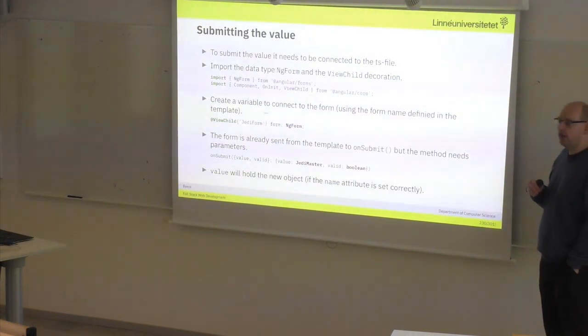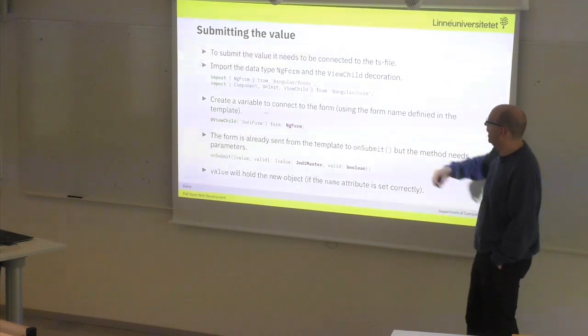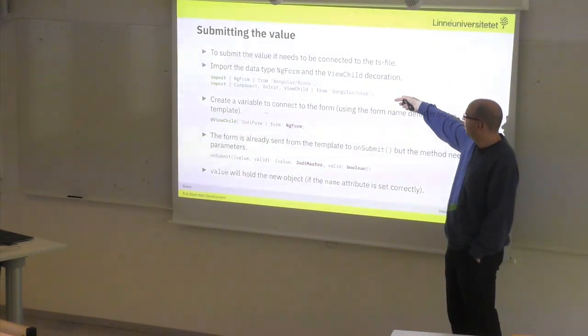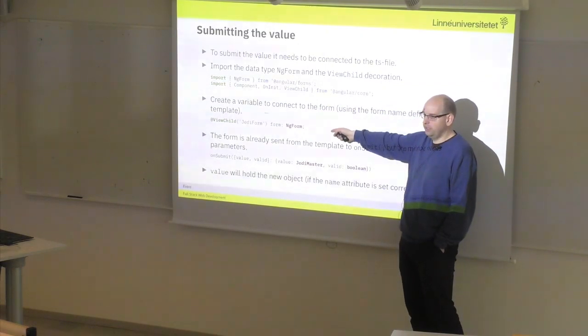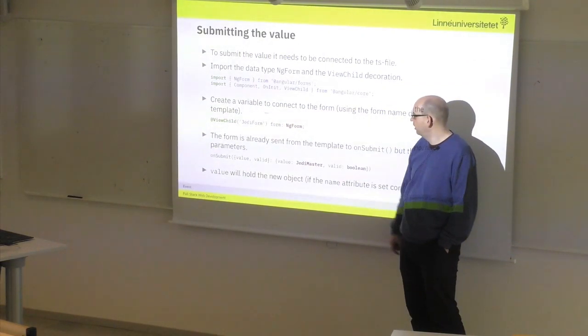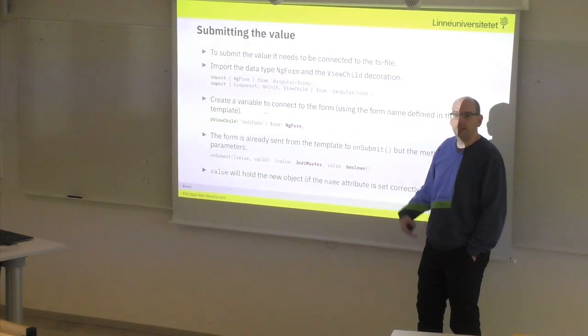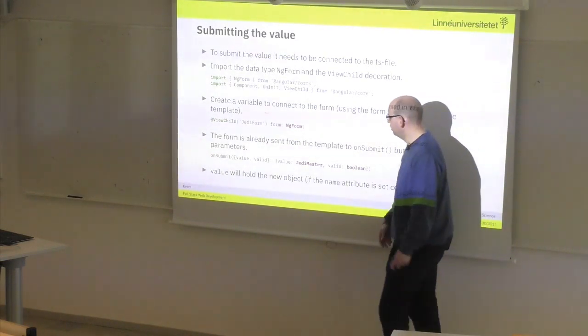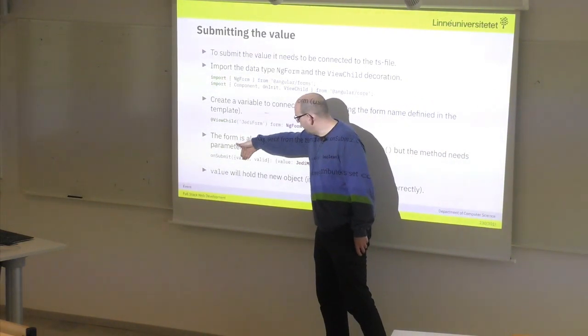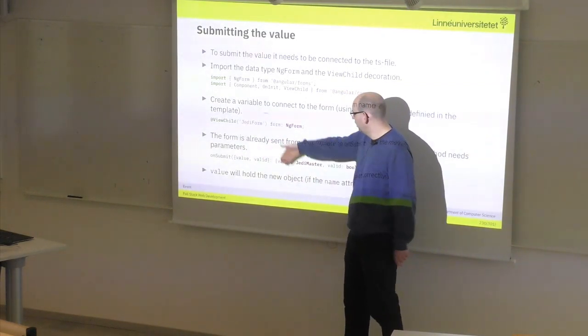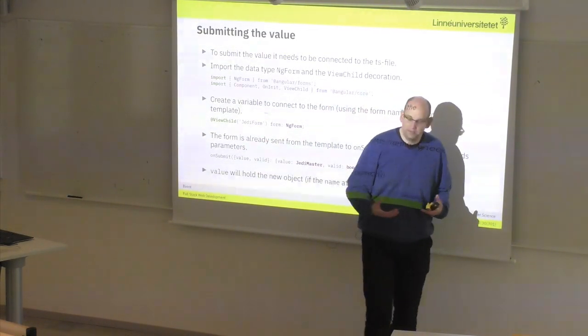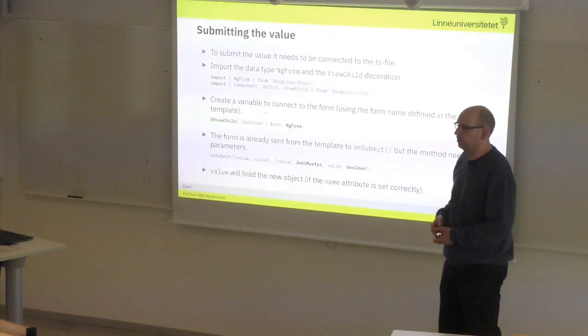On the receiving side, in the component, we need to add NgForm and also ViewChild, because we need that in order to see this entire form. And then we have the onSubmit button, which works by taking the value, which is the Jedi, and also valid, which is if this form is valid or not.